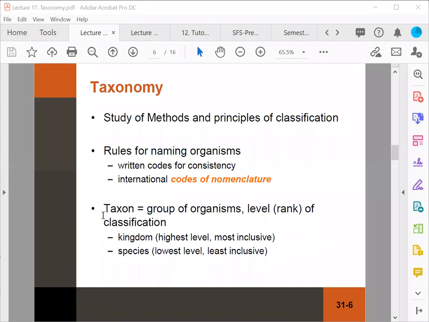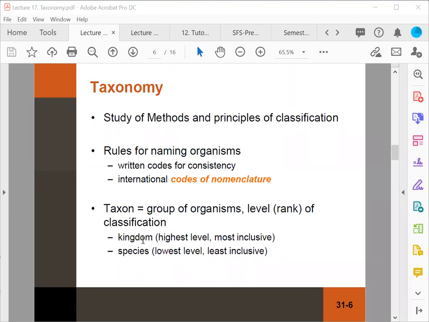Okay, so the hierarchy of groups that are used are referred to as taxonomic levels, where each taxon is basically a level or rank of classification. Everyone's familiar with the term kingdom, so this sits at the top of the pyramid.